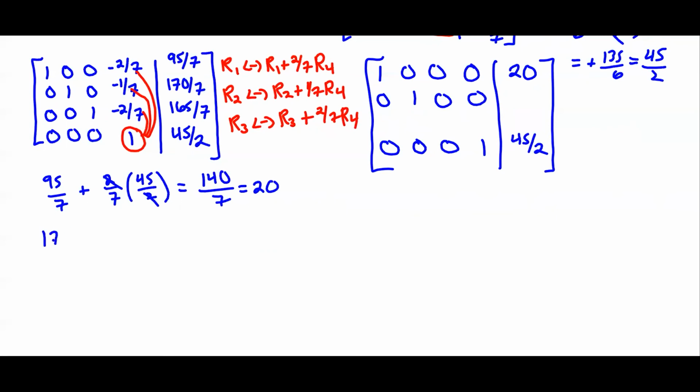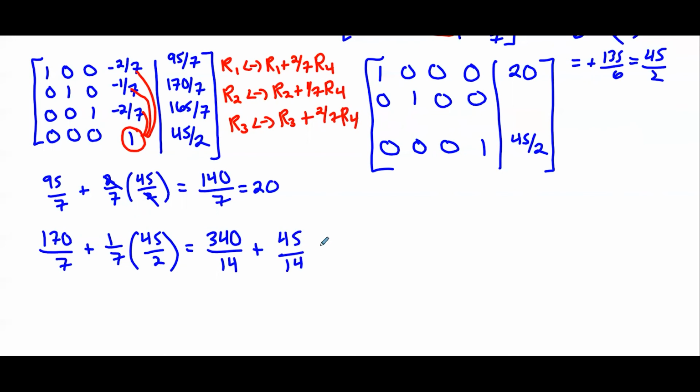And then I've got 170 over 7 plus 1/7 times 45 over 2. So let's see, I need to make that 340 over 14 plus 45 over 14. That's 385 over 14. Let's see if that reduces. It does. That's 55 over 2.